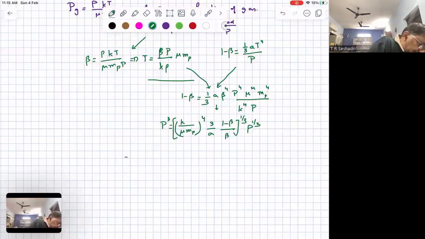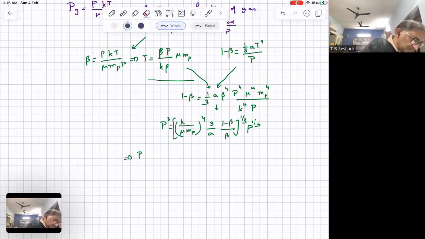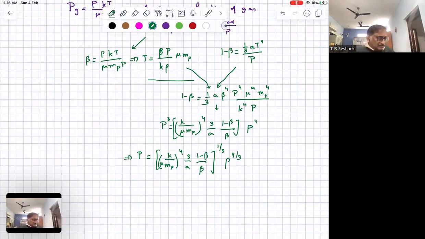And this implies, oh, sorry, I'm just skipping a step. And so P is equal to what I just now wrote. All right? Is it okay?